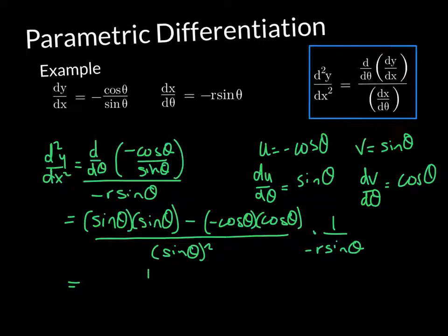Hopefully you remember that as a trig identity. So on the top line we just have 1. And the bottom line we have minus r, and then we have sine squared theta times by sine theta, which gives us sine cubed theta. Okay, so that's us obtained an expression for the d2y by dx squared for that example.